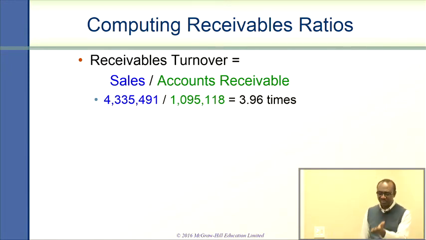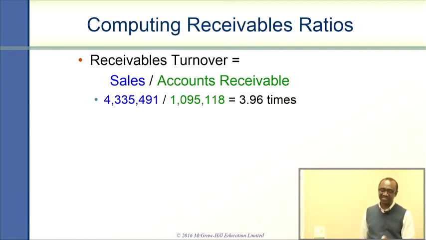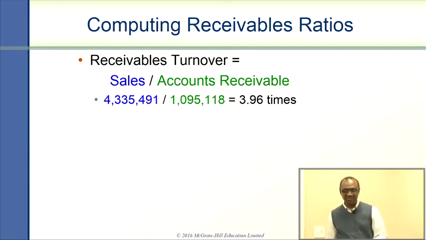Again, with this, we're looking at the higher, the better. But in this case, it's lower. So we're looking at 3.96 times that our customers are buying and paying, buying and paying. So it's pretty low. And we will confirm this by looking at the days our account receivable is taking to pay off their debt.